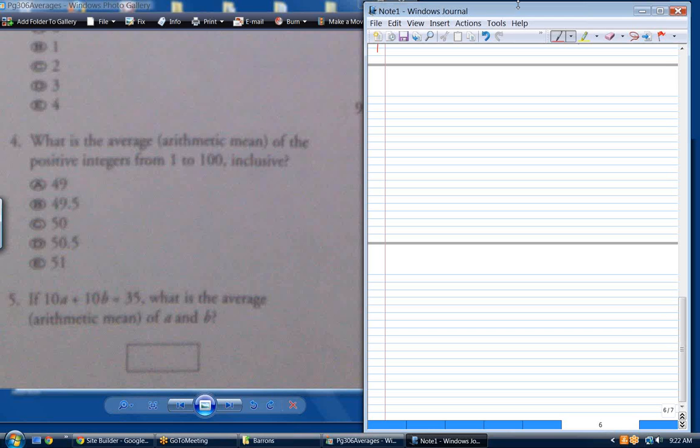It's the arithmetic average of the numbers 1 through 100 inclusive. In other words, we got this. What is that number going to be?